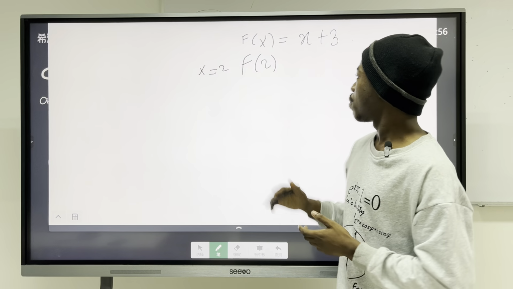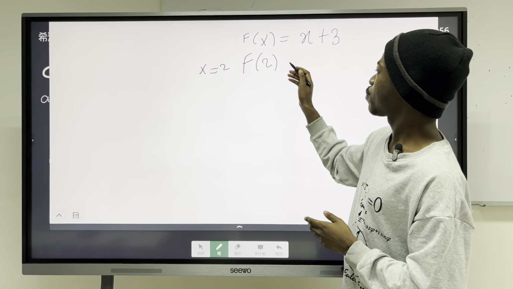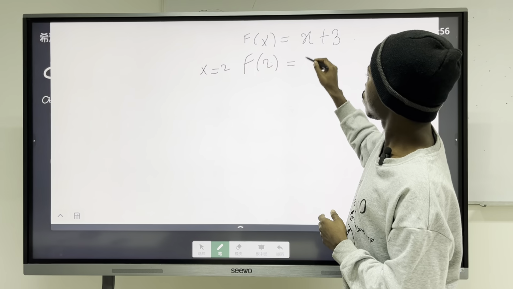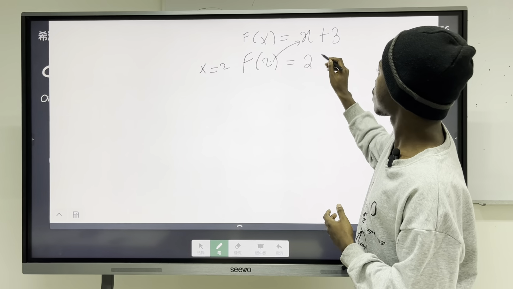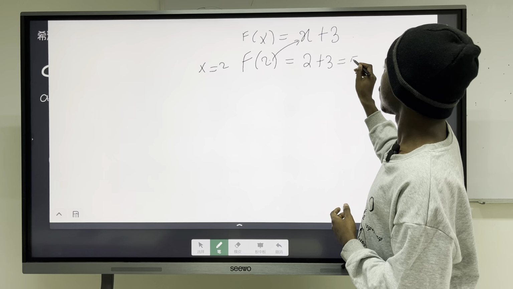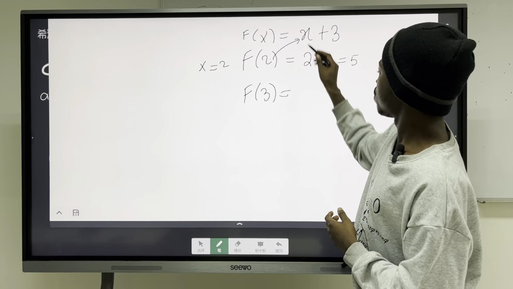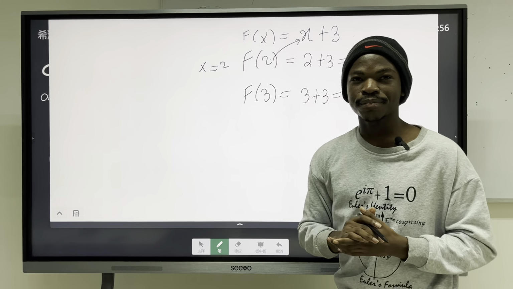In other words, where there's x, you want to substitute with a 2. So f of 2 is 2 plus 3, and the answer is 5. Otherwise, if you want to find f of 3, it would mean 3 plus 3, and the answer is 6.